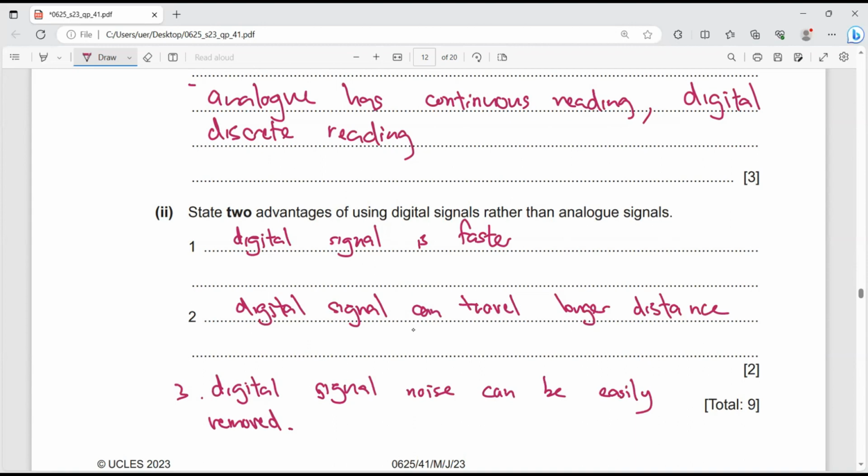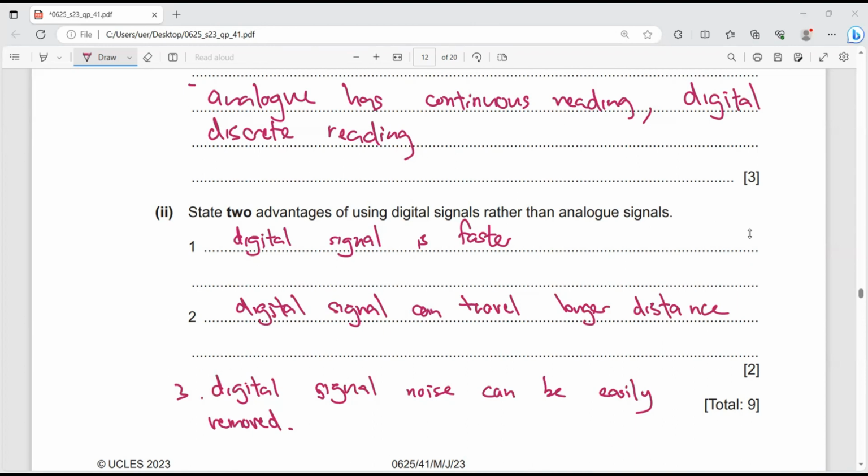Just like your computer, you can filter out the virus. Analog uses magnetic whatever, it's hard to control, but for computers the data you can filter out easily.